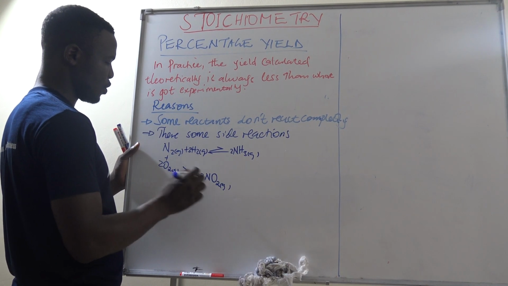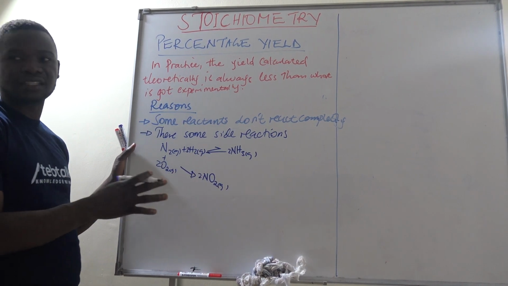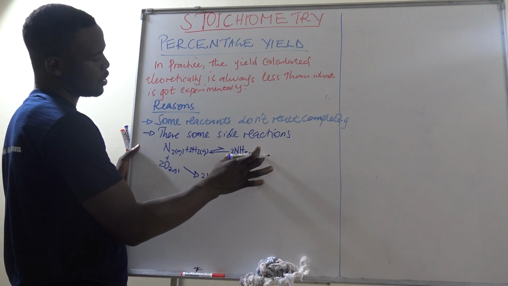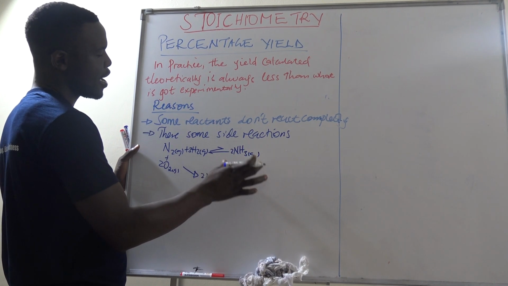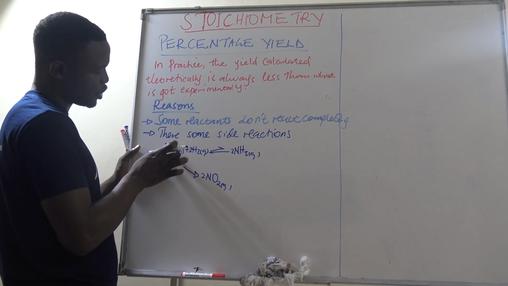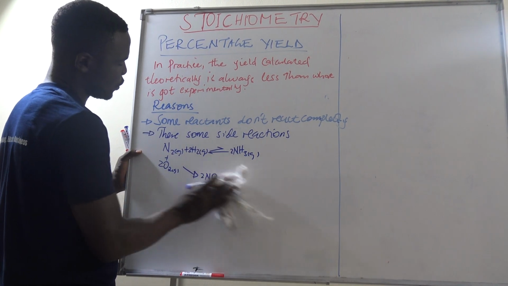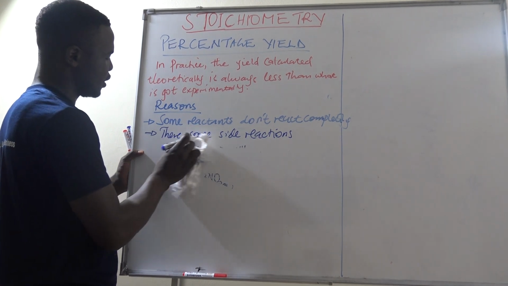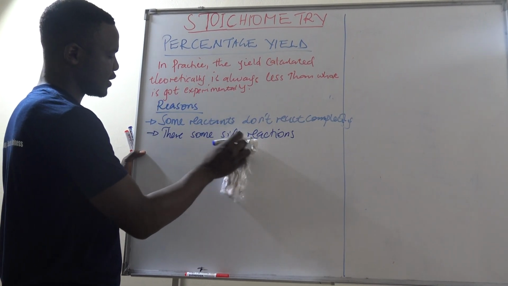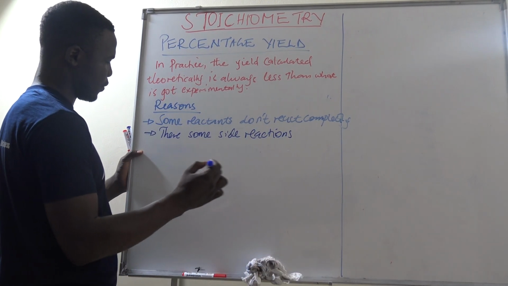Of course, when we get the nitrogen dioxide, it is not what we expected. Therefore when we are calculating the amount of ammonia, it will not be exact, as if all the nitrogen had reacted with the hydrogen. So such things will cause a decrease in the yield of the product.